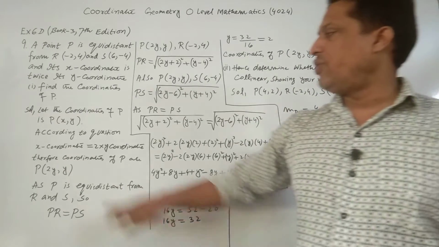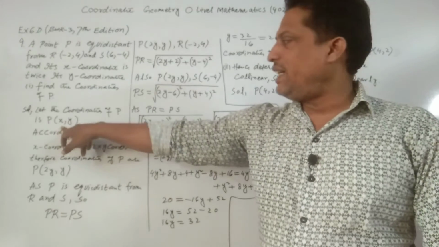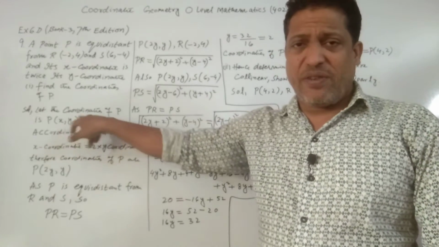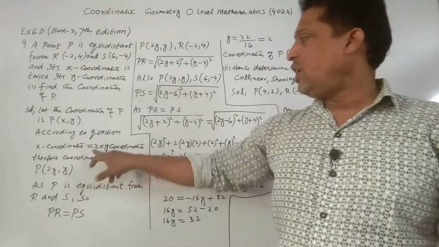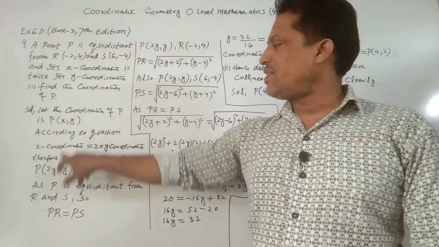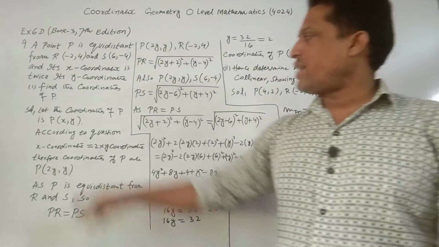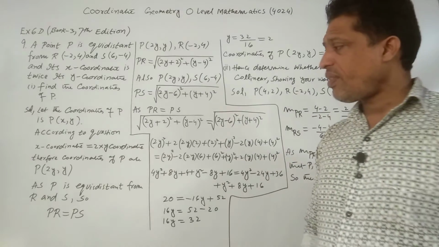Therefore, the coordinate of P, which we had let as (x, y), becomes (2y, y). So the x coordinate becomes 2y and the y coordinate is already y.